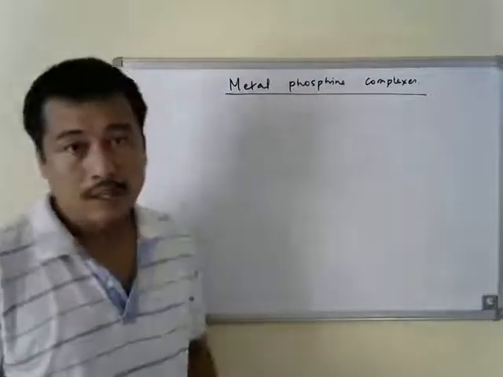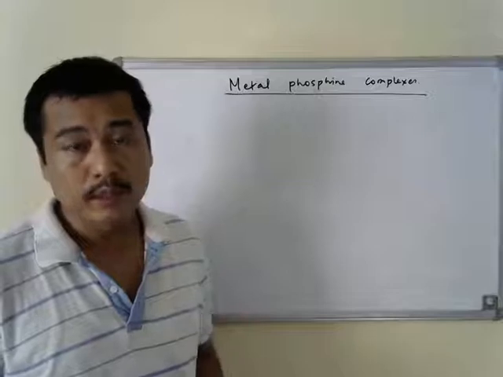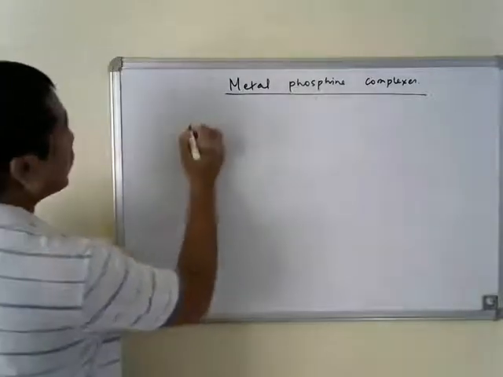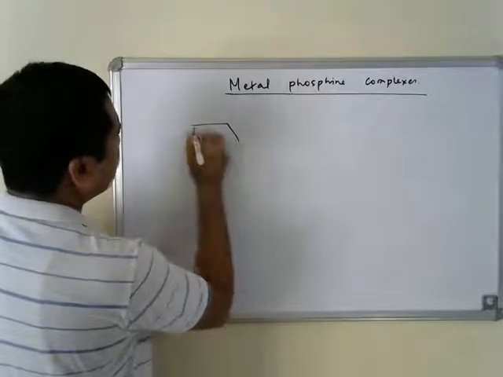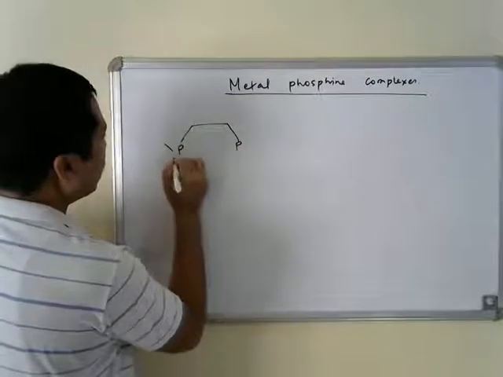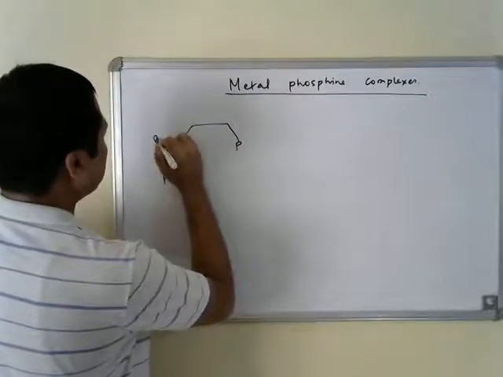But first, let us look at some commonly used phosphine ligands. We have already encountered a very popular phosphine ligand, that is bis diphenyl phosphinoethane.